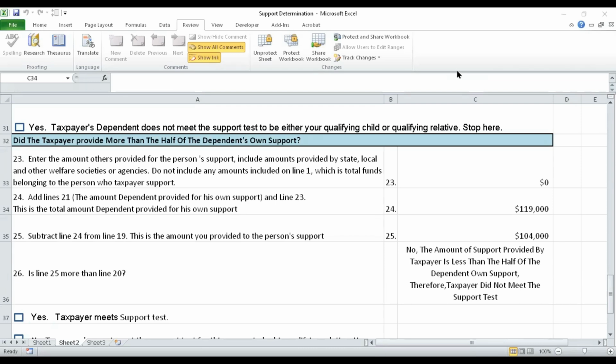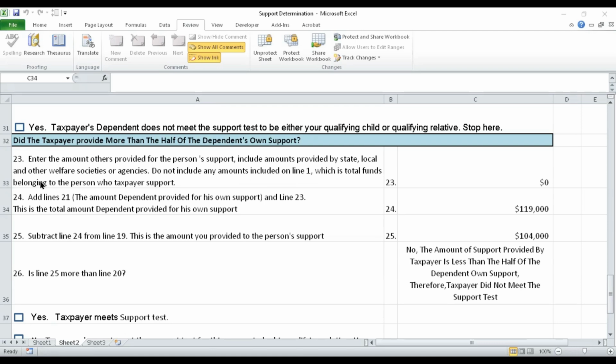Next, we'll determine if the taxpayer provides more than half of his father's support. In line 23, we need to enter the amount others provided for the father's support. Include the amount provided by the state, local, and other welfare societies and agencies. Do not include any amount included on line 1, which is the total funds belonging to the father whom the taxpayer supports.